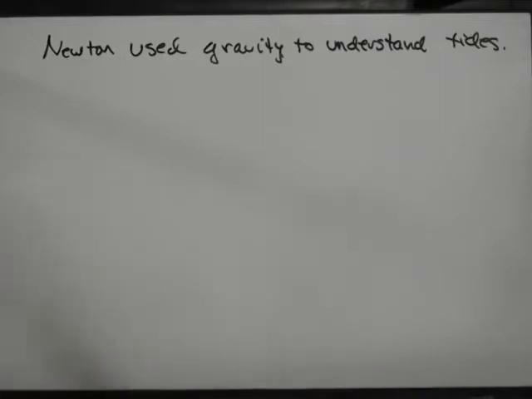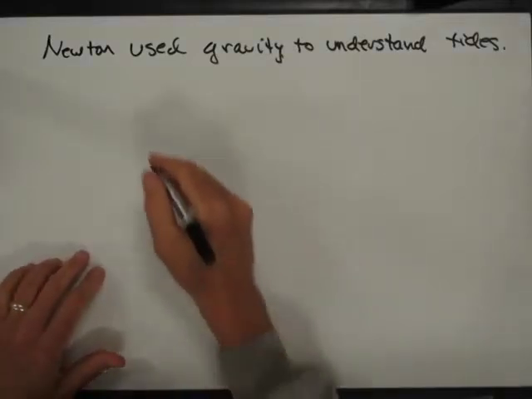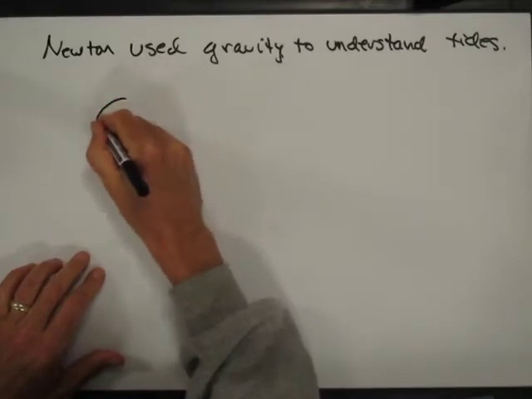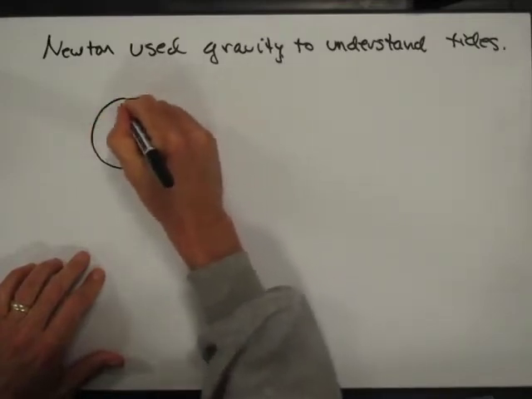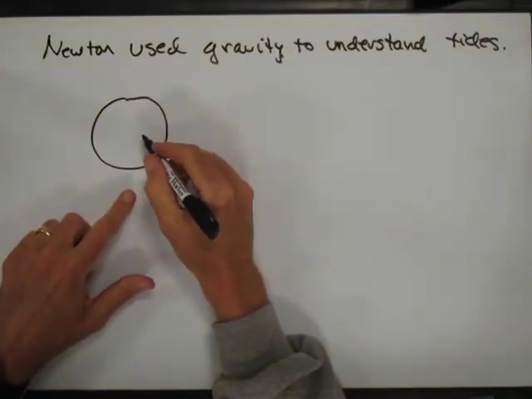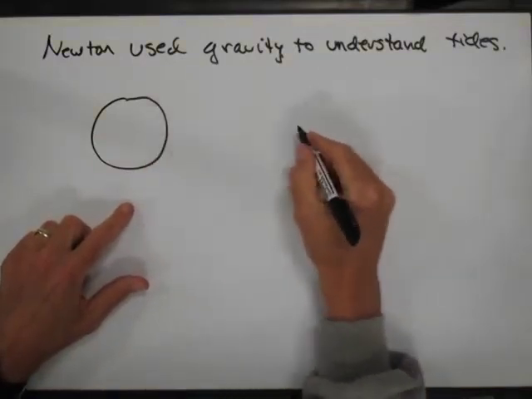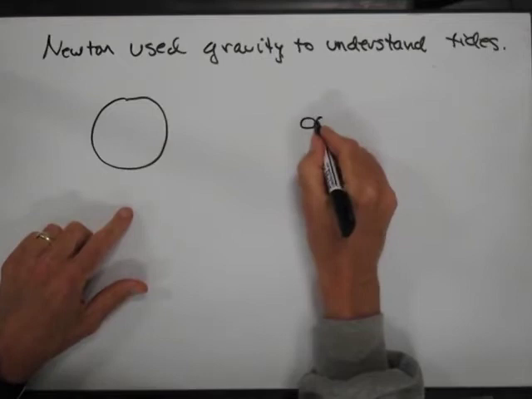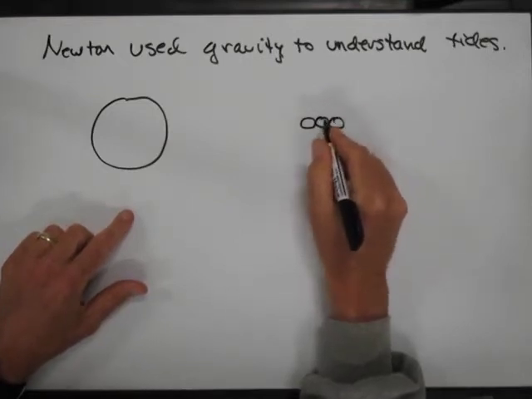And so Newton, once he took his law of gravity, he was able to understand what tides were. And so here's an explanation of tides. This is any large object like a planet or a star or a moon, anything like that. And I have three objects out here. 1, 2, 3.